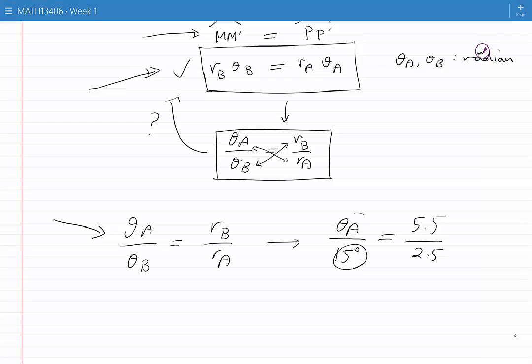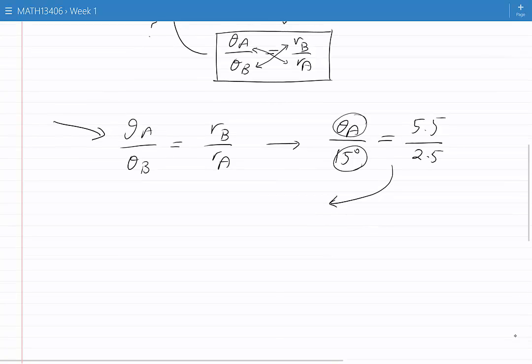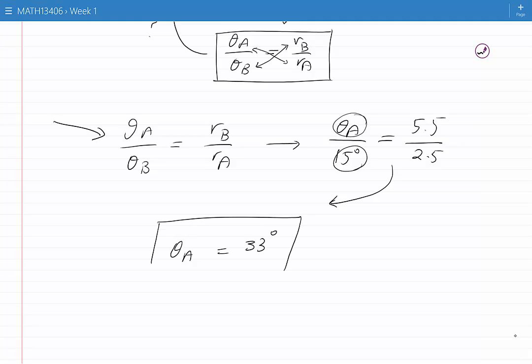When written in this form, theta A over theta B, the unit does not matter anymore because the units will cancel. You could use for both thetas radians or degrees, and the equation would still be correct. Now if we solve the final equation, we will get theta A is equal to 33 degrees. And that is the answer to part A.